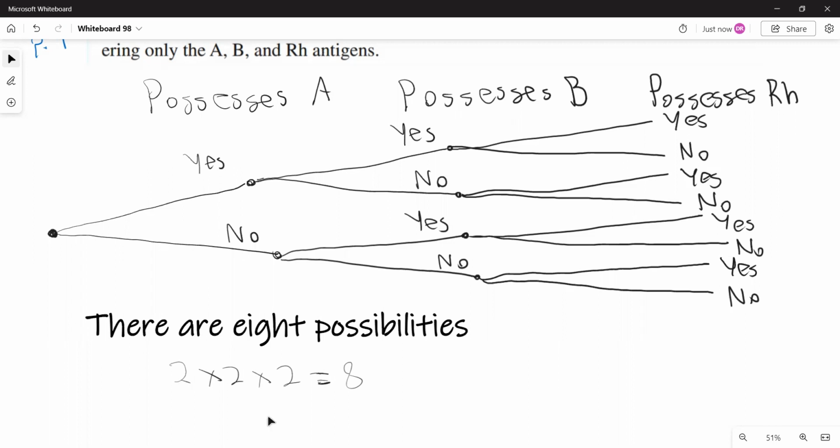Strategy number 4. So a lot of math is about patterns. That's going to be strategy number 4. That's on page 6.